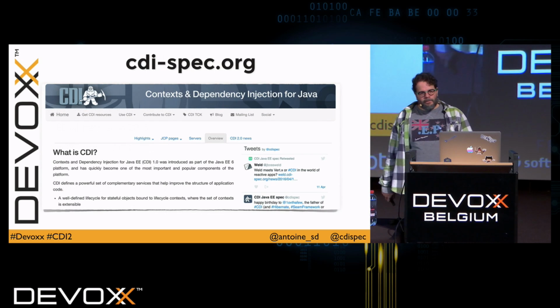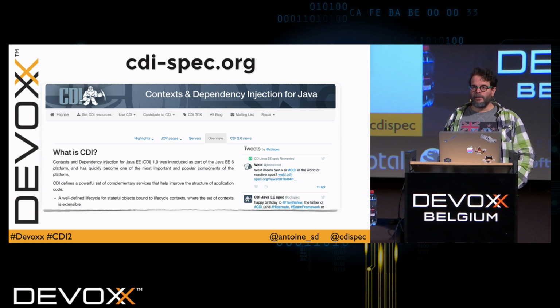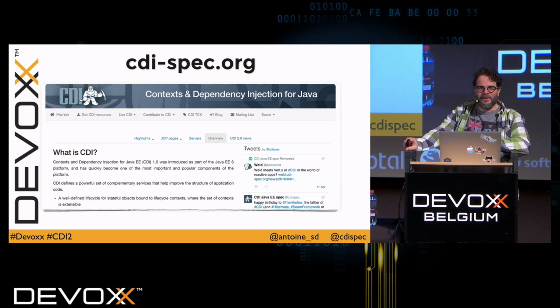If you want to have further information on CDI, the cdispec.org website is here for you. So you have a lot of resources on this website, which should be updated more frequently, but will be after the release, I think. I hope.